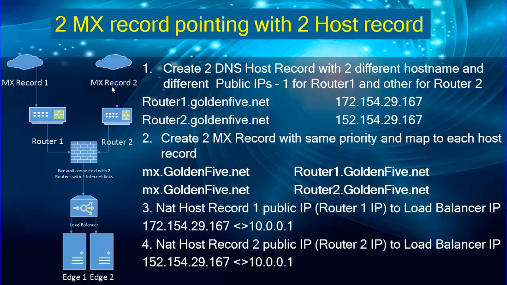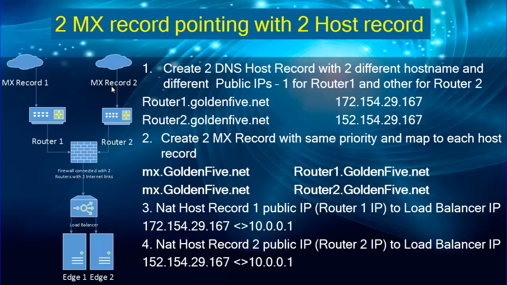But yeah, there are 2 WAN links. There are 2 WAN links coming to two different routers, coming to the same firewall. They come to the same firewall. The main thing to see is point number 3 and 4. The same firewall can do the one-to-one NAT with different public IPs, but the same LAN IP.